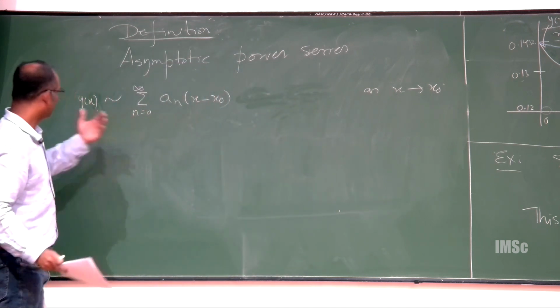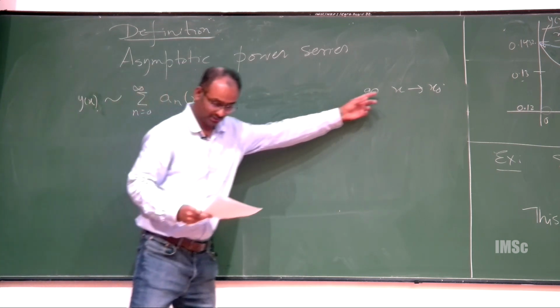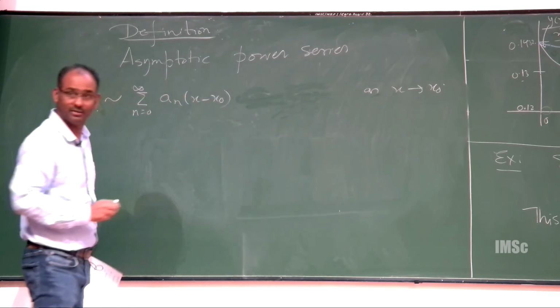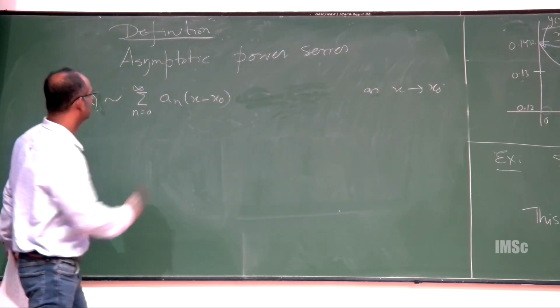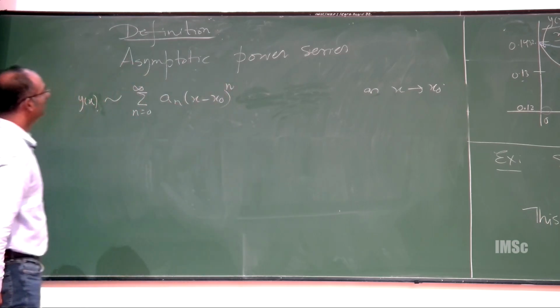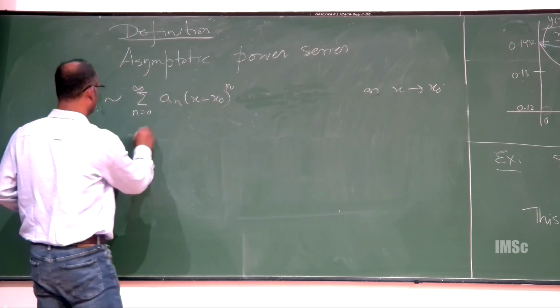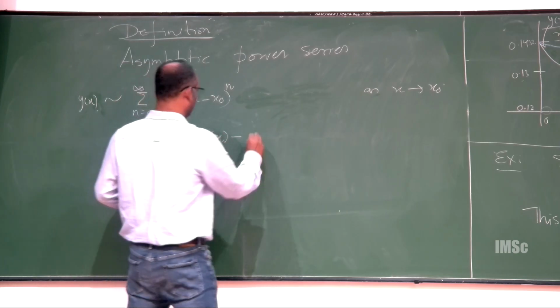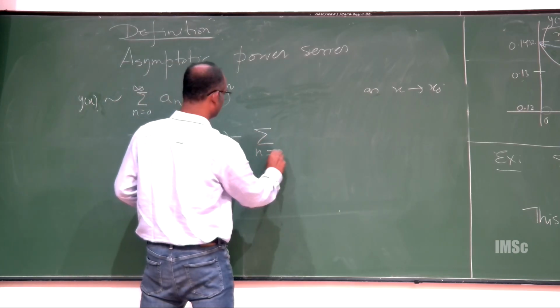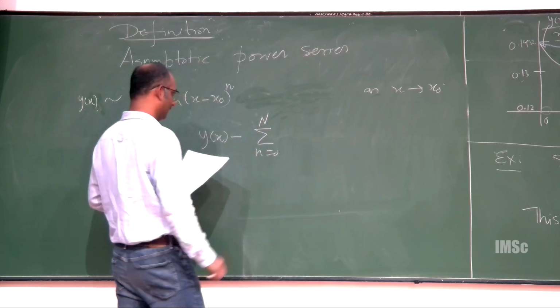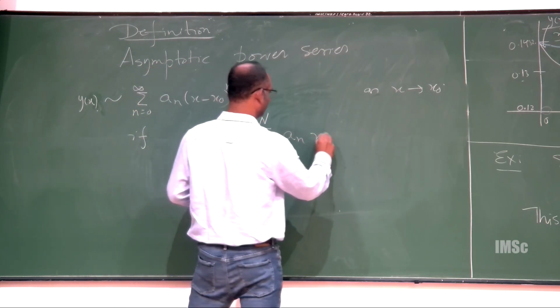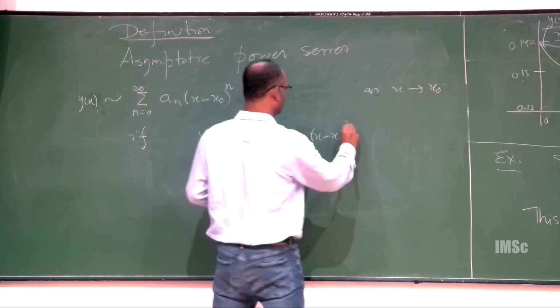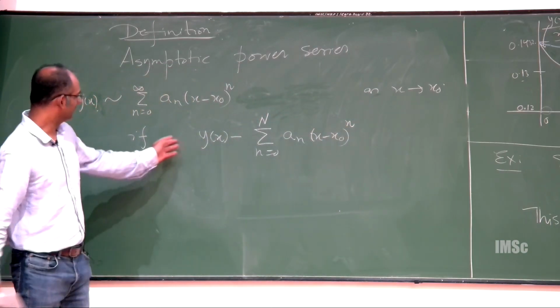So this series is asymptotic to this function as x goes to x naught, if the difference of y of x and the first capital N terms in the series, this sum, is taken.